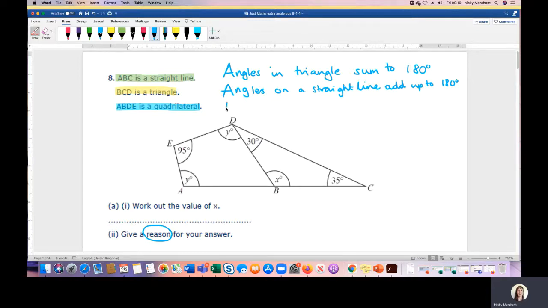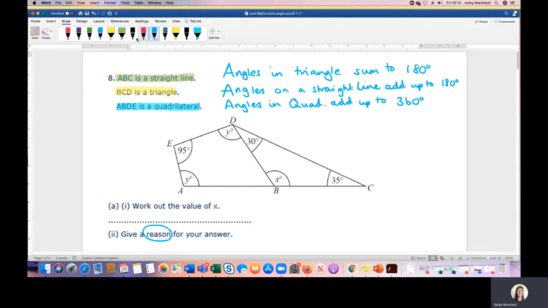So angles in a quadrilateral add up to 360. So there's three facts already written down, and those could then be used as your reasons for your answer.